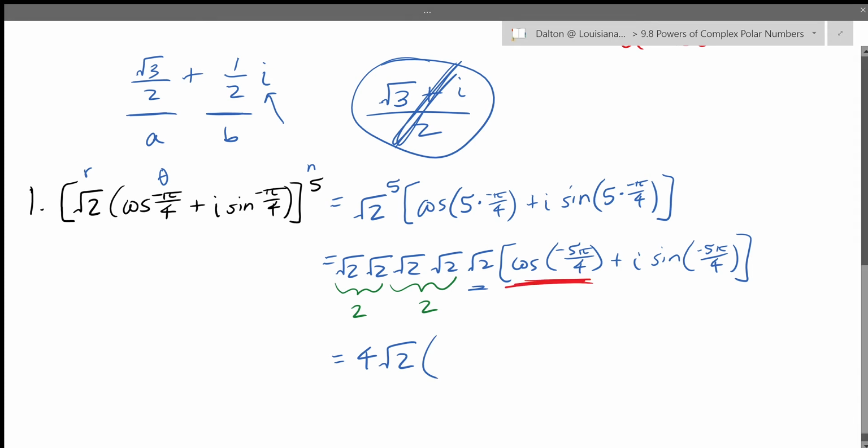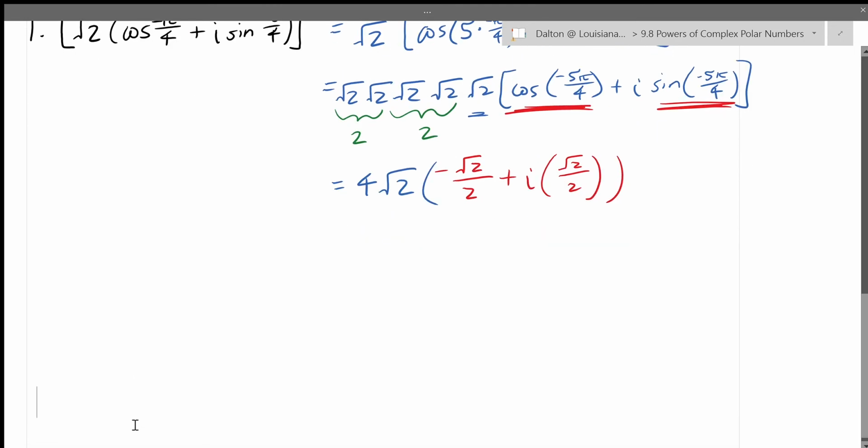So if you look at the unit circle, we know that the cosine at negative 5 pi over 4 is going to be negative square root of 2 over 2. So that comes from the unit circle. Plus i times the sine at that angle is going to be a positive square root of 2 over 2.